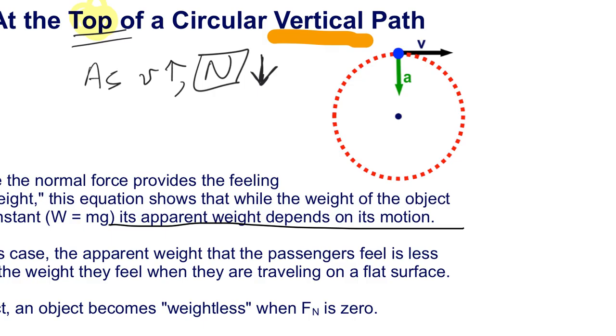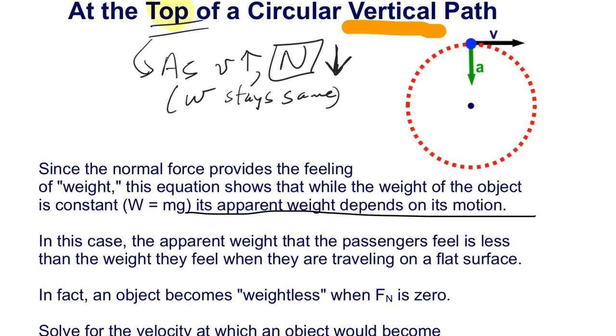So this happens at the top, but weight doesn't change. Your actual weight, when I say the apparent weight decreases, the weight stays the same. But what you feel, the seat pushing up against you, decreases until you come off the seat if you go too fast. Your whole car comes off the road if you go too fast. Okay, so the apparent weight depends on the motion, how fast you're going.